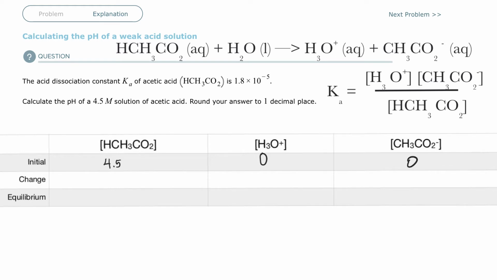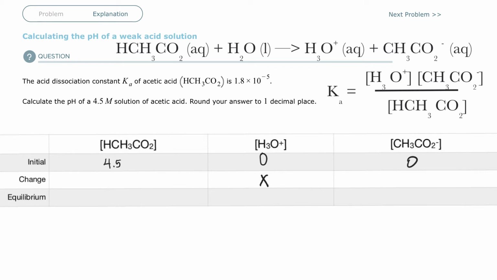So remember, I'm asked to calculate the pH. To get the pH, I have to have the concentration of the hydronium. So that's why this has to be X. That's what I'm trying to find. When I can find X, then I've got the concentration of that, and I take the negative log, and I'm done. I've got the pH. So I can find X.